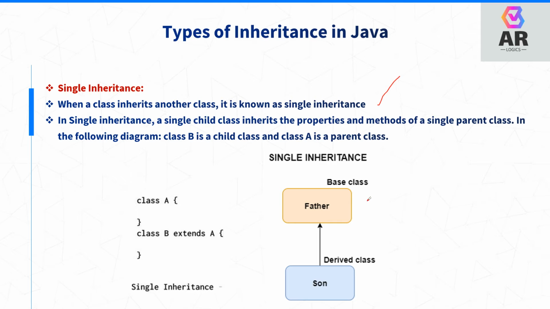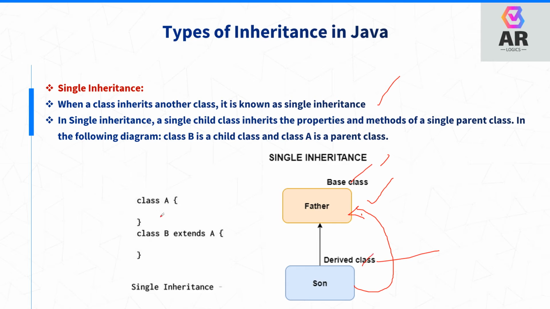This is the parent class, like a base class, with properties and behavior that the child can inherit. This is a subclass, called a derived class. This is the base class, parent class, superclass, and the child class or derived class.